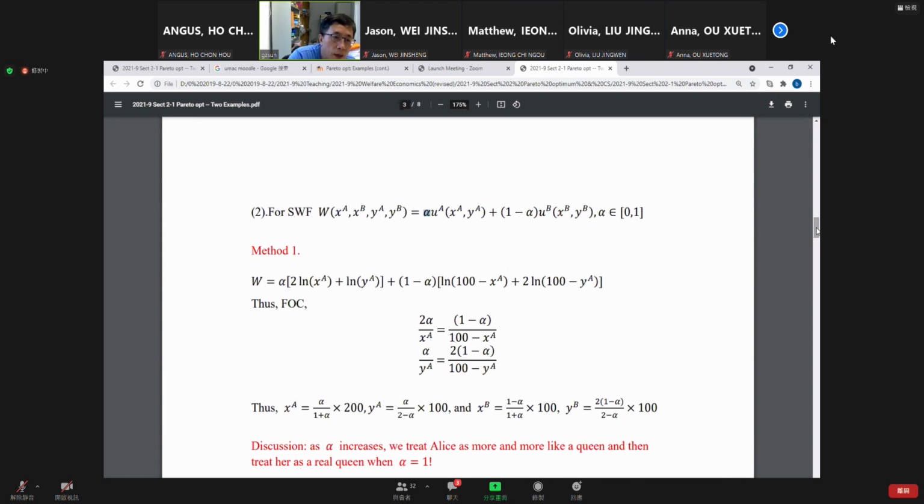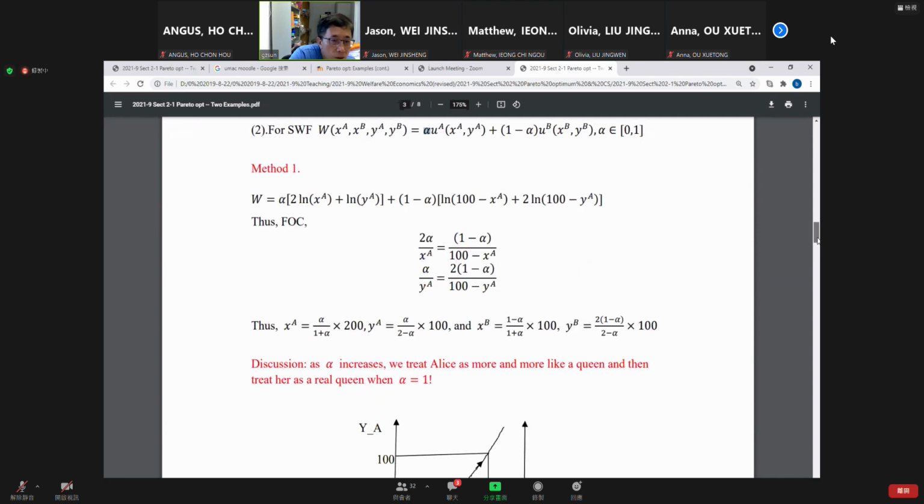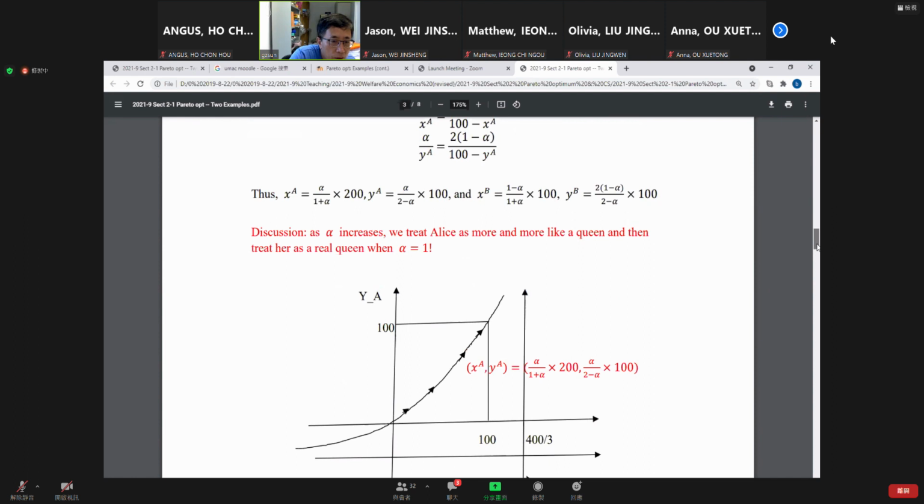That is, when alpha increases, intuitively we should give more and more to Alice. Now let's confirm this economic intuition. We find this is the solution. When alpha increases, XA increases.